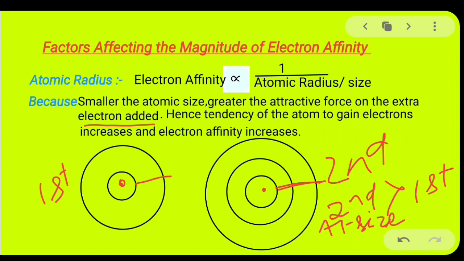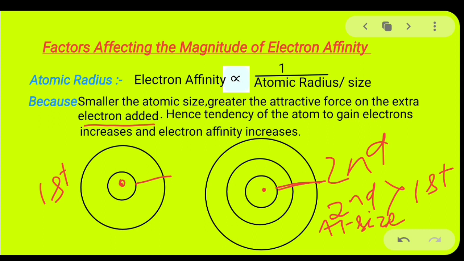The more the attraction by the nucleus on the electron, the more successfully the electron can be placed in the outermost shell. The more successfully the electron can be placed in the outermost shell, the more energy is released during the process. Hence, the electron affinity increases.